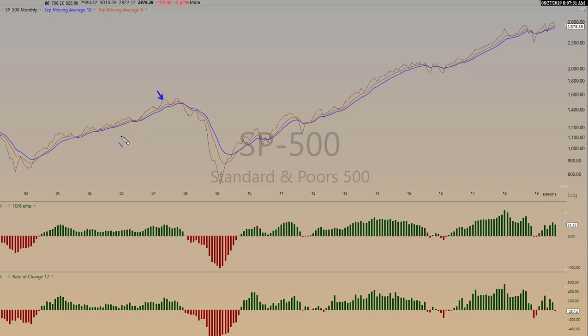And then you have a pair of 2 different moving averages here. In this case, they're both exponential moving averages. We'll use simple moving averages at times, but for these trend indicators, I like exponential moving averages. So we have a 10 and a 6, the blue line being a 10 EMA, and the red line being the 6-period EMA. And it's pretty simple, yet effective.